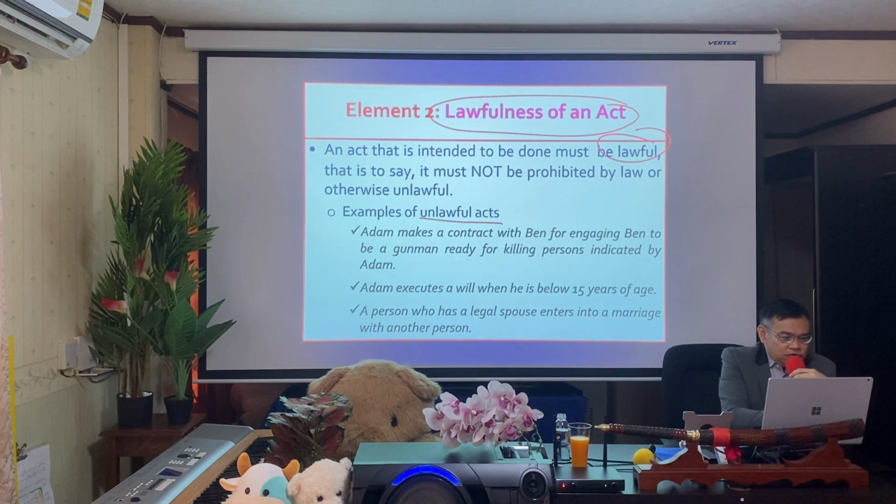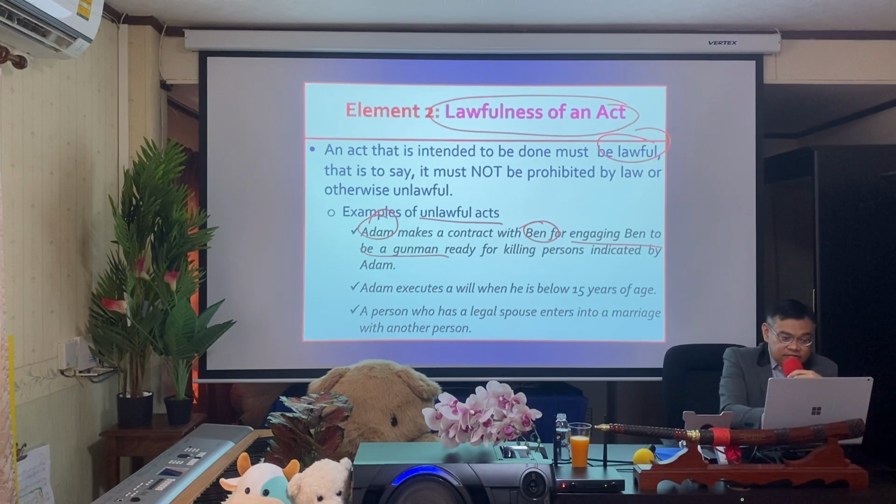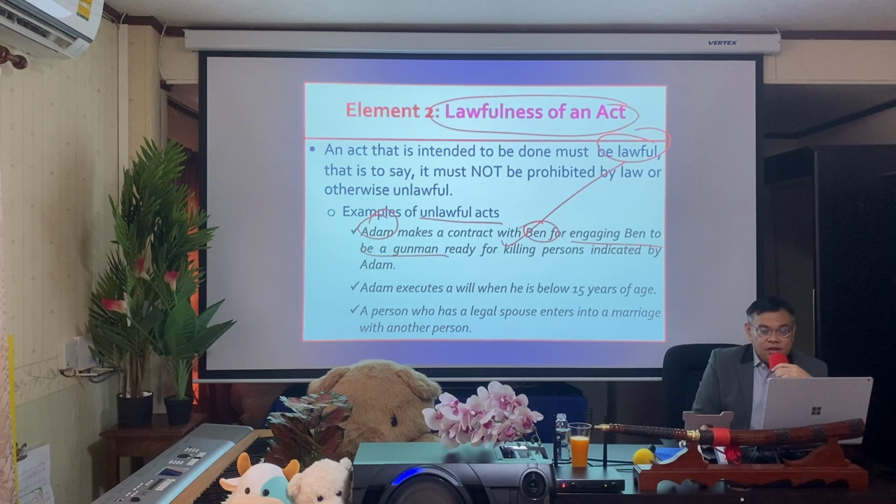Let's say that Adam and Ben entered into an agreement. Adam made a contract with Ben for hiring Ben to be his gunman. Adam said, "Well, Ben, you can be my gunman. You can just kill anyone who is named by me." That is illegal. In fact, that is unlawful, so we cannot have a valid juristic act here.